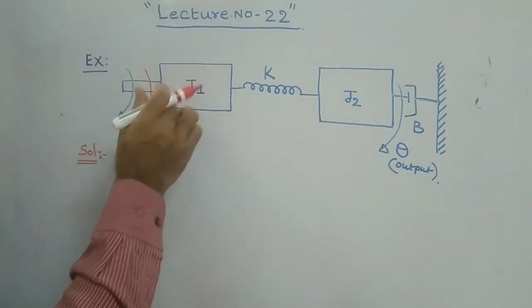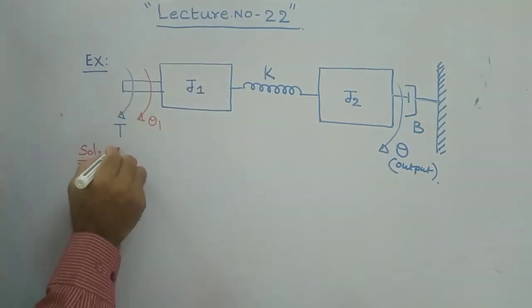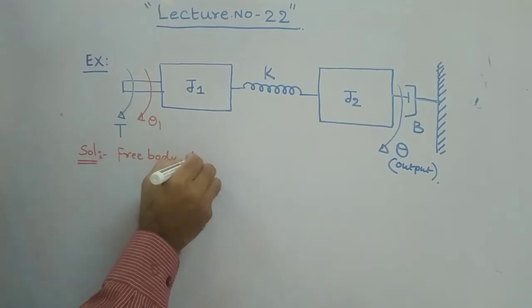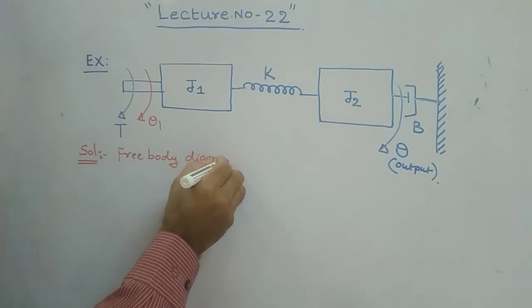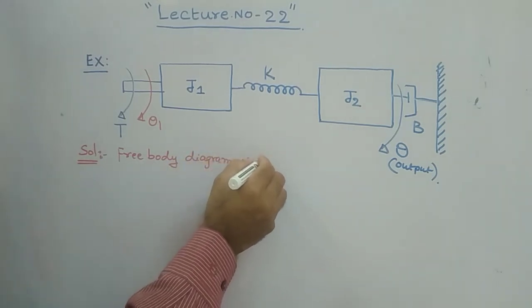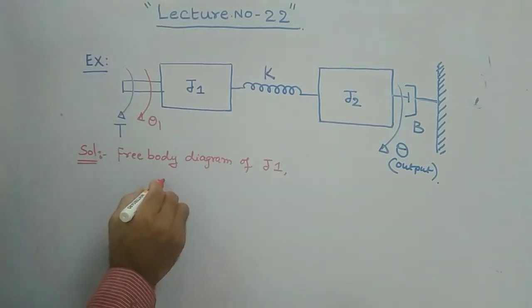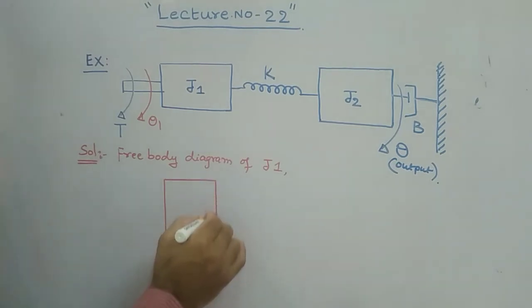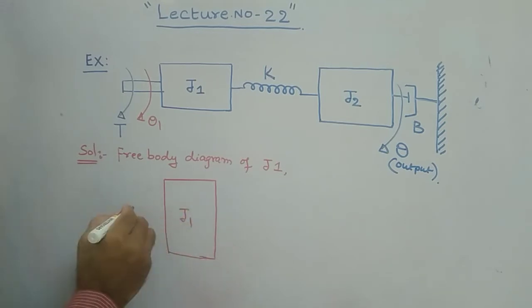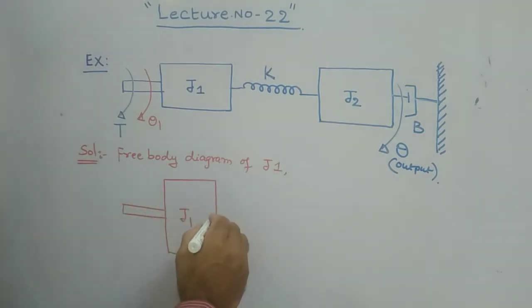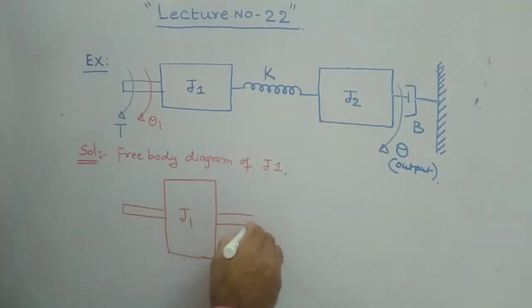So now you can draw the free body diagram of J1, and we represent it like this, no problem.